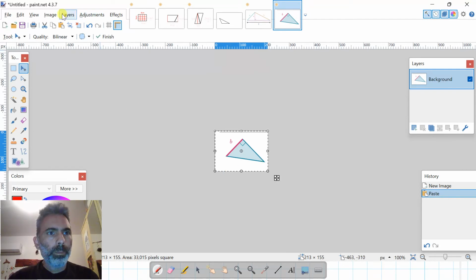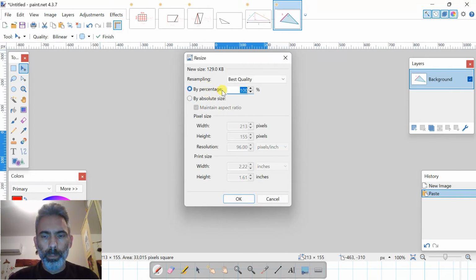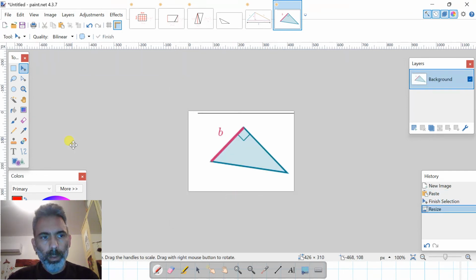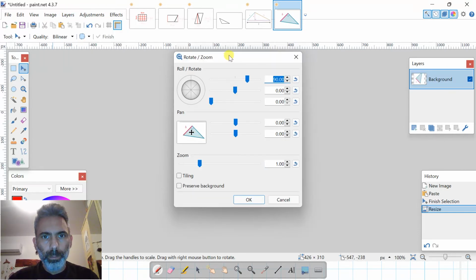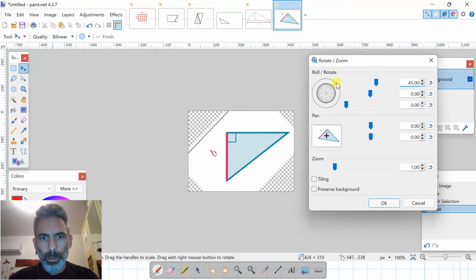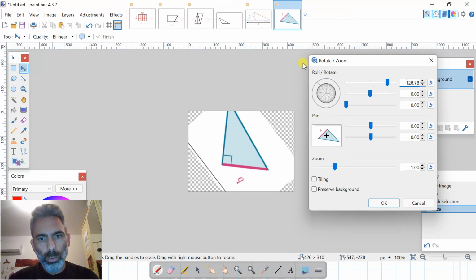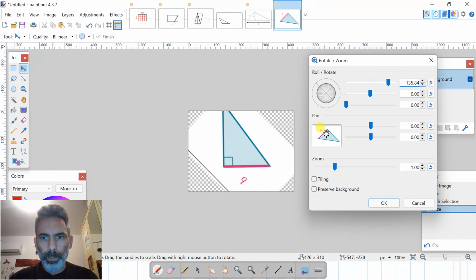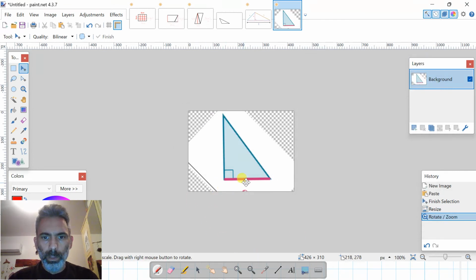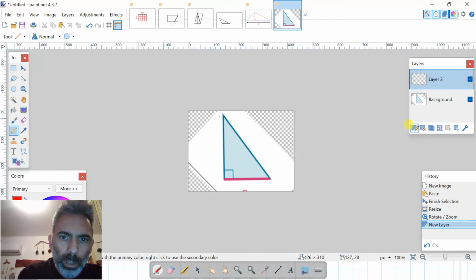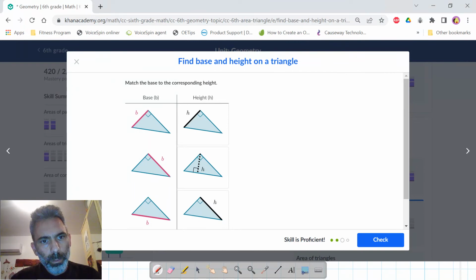Okay, so again, if I rotate it, like so, okay, and see that if this is the base, it means that this here is the height. Okay. So this one corresponds to this one.